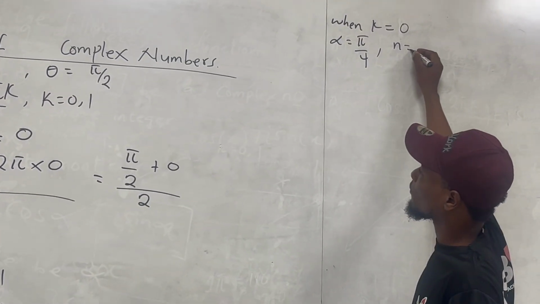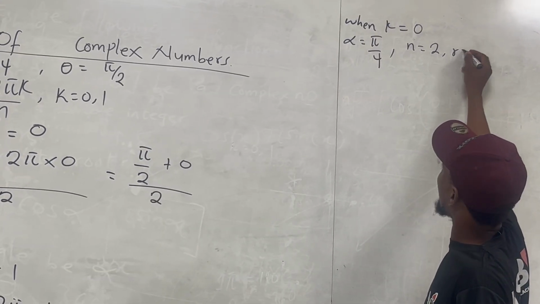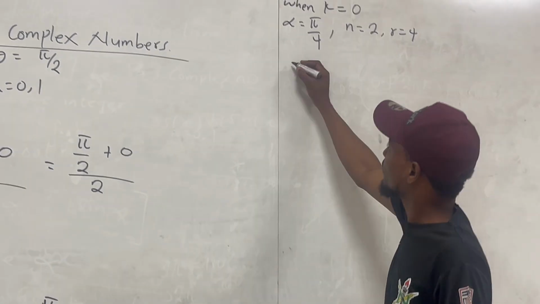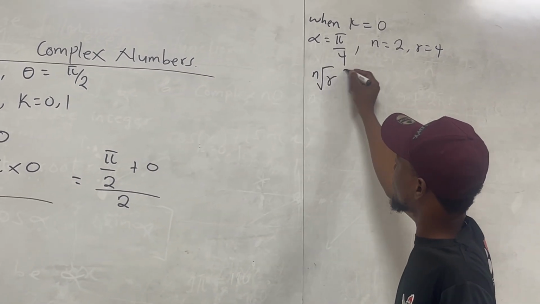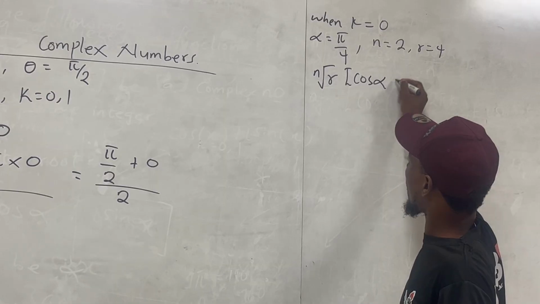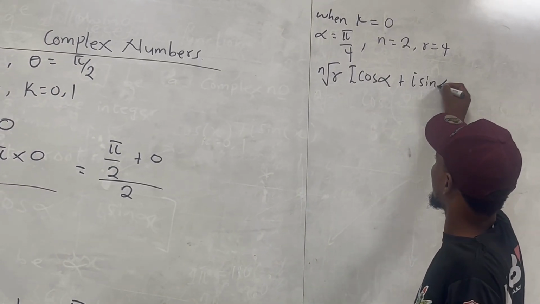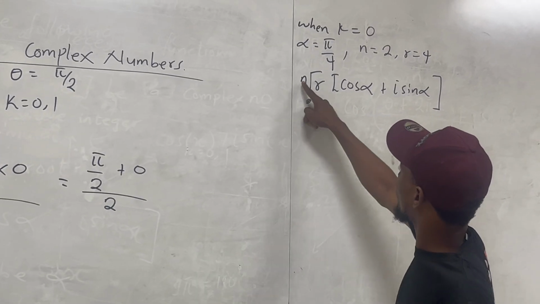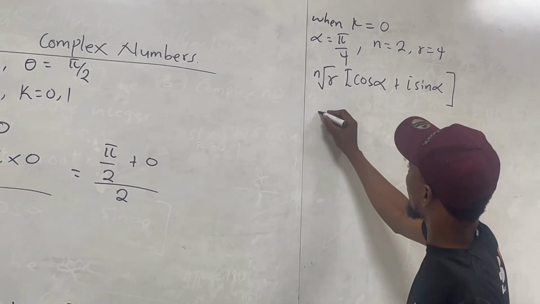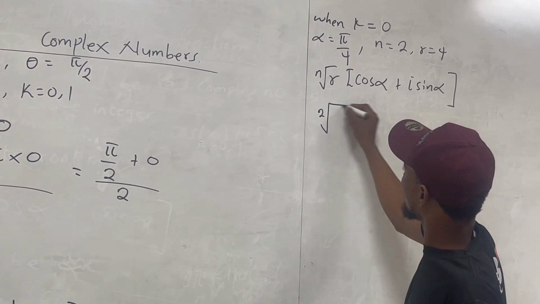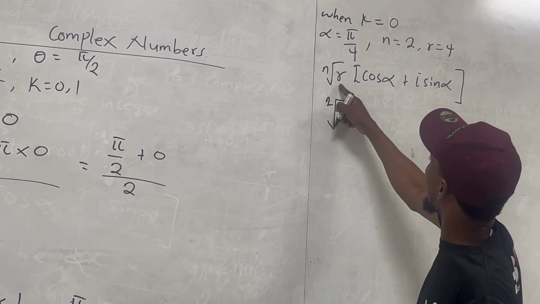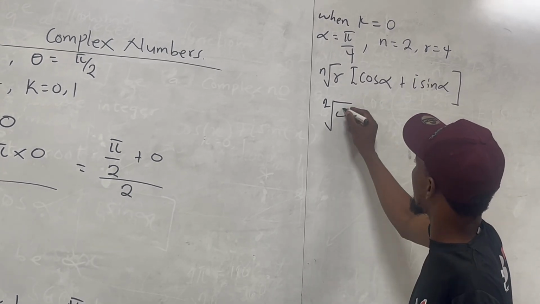Recalling the formula, the nth root is the nth root of r times cos alpha plus i sine alpha. So what is my n? N is 2, then I have my r, which is 4.